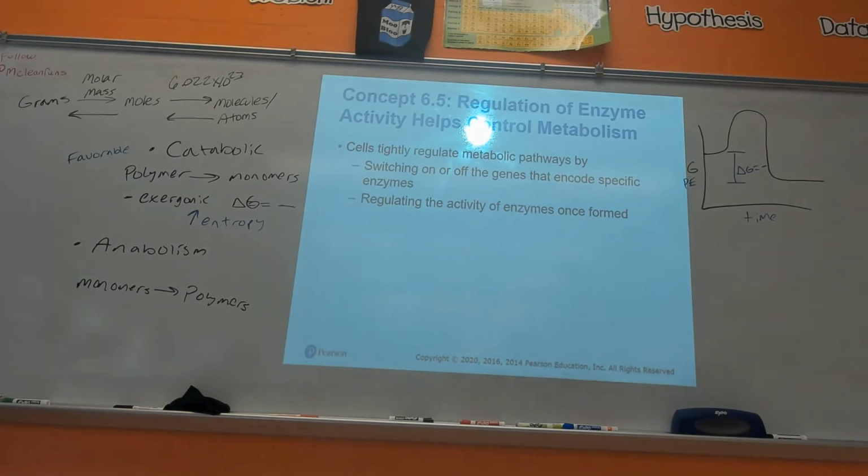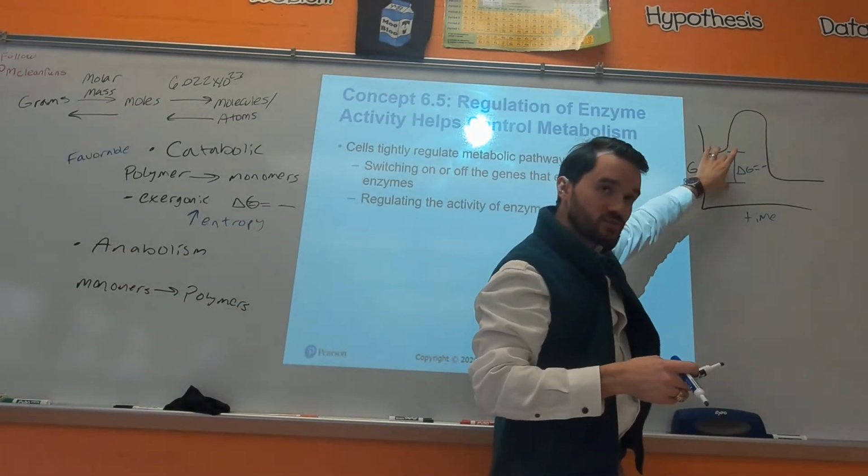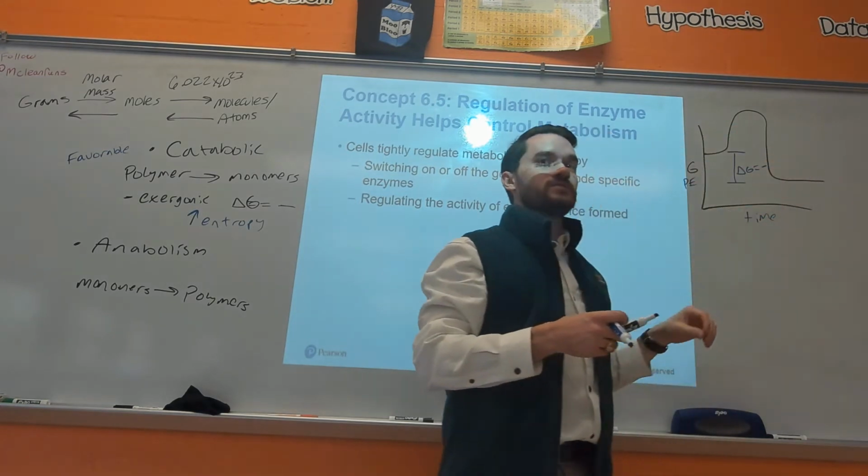If you have glucose from the food you just ate, how exactly does your food have a high G, a high free energy, high potential energy? Yeah, go ahead, Thais. Is it the bonds? The bonds, yeah. The bonds that hold together your food, when you break that down, you're releasing that energy. This is the energy that gets released when you're breaking that polymer, like your glucose, into your monomers.